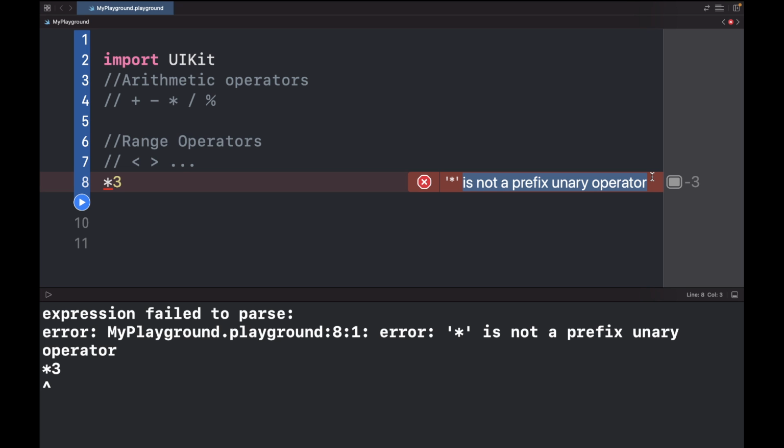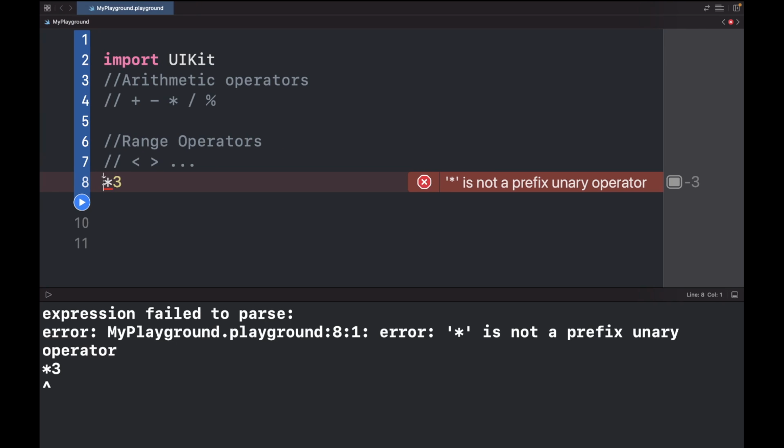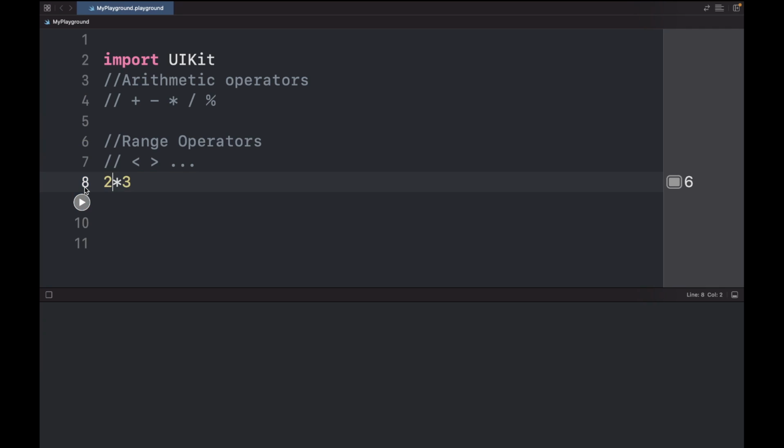But because now we're looking into the Swift programming language and we're learning it thoroughly, we're able to understand what this problem here means. For example, this is not a unary operator because, as we came to learn, it's a binary operator. It operates on two targets, right? That means it needs to be in the middle of two targets. Then we can see it work.